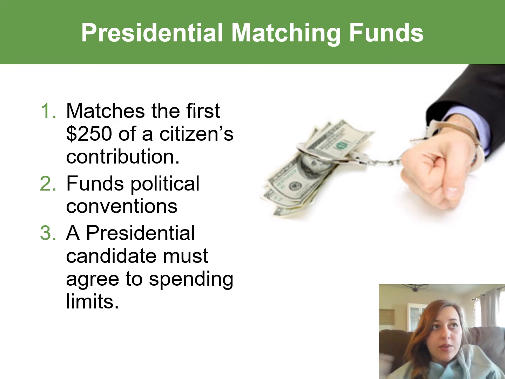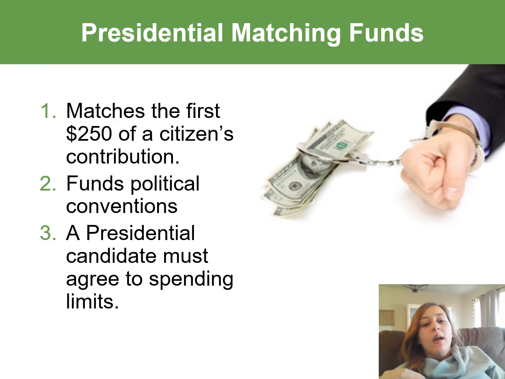So if someone gives $250 to the Biden campaign, then presidential matching funds can give the Biden campaign another $250. Likewise for the Republican candidate, right, for President Trump. It also gives some money to political parties to help fund their political conventions.